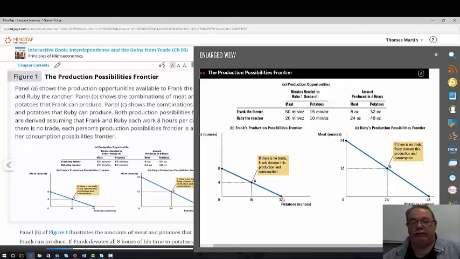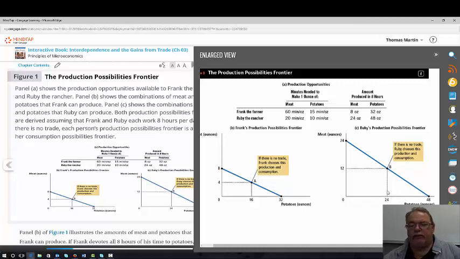On the other hand, if Frank decides to only produce potatoes, he can produce 32. We see the same references over here for Ruby the rancher, except the numbers are a little different. The axes are the same. In an 8-hour period, Ruby can produce 24 ounces of meat or 48 ounces of potatoes.